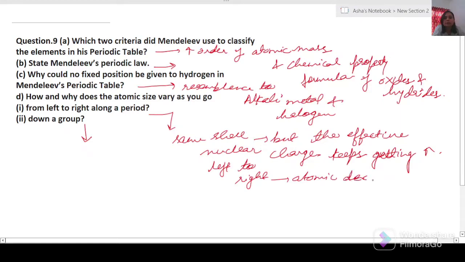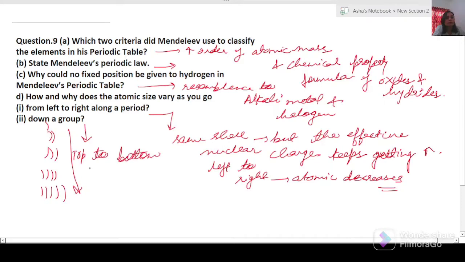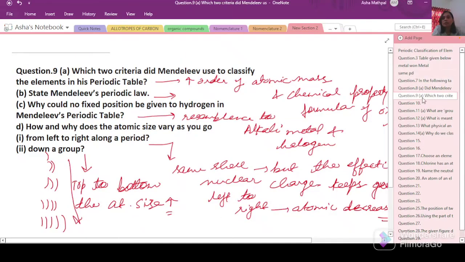But when we go down in the group, the number of shells keeps on getting increased: 1, 2, then in the next one 3, then 4, then 5, and so on. So in a group from top to bottom, the atomic size increases, right? Now let us go to the next question.